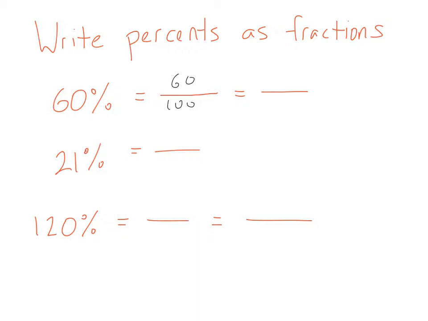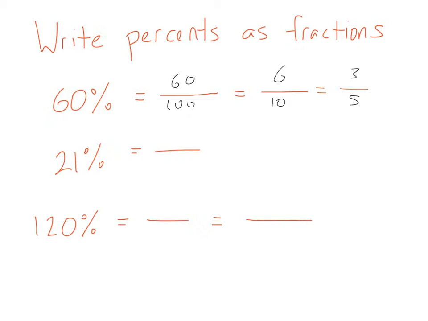What can I divide both of those by? I could start with 10. 60 divided by 10 is 6, and 100 divided by 10 is 10. But I can still simplify further. Divide them both by 2, and you get 3 over 5. So 3/5 is 60% as a fraction.